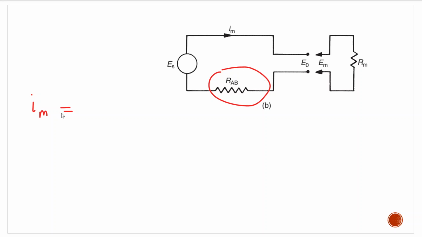So once you get this Thevenin's equivalent, you can see that IM will be equal to E naught divided by RM plus RAB. Right?